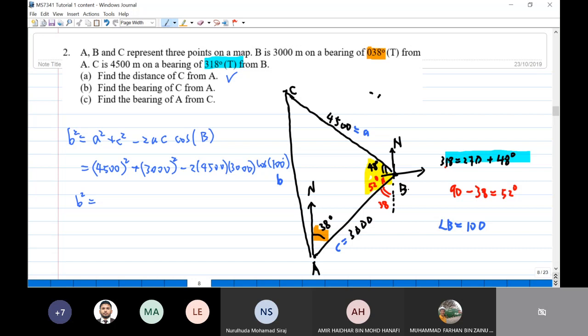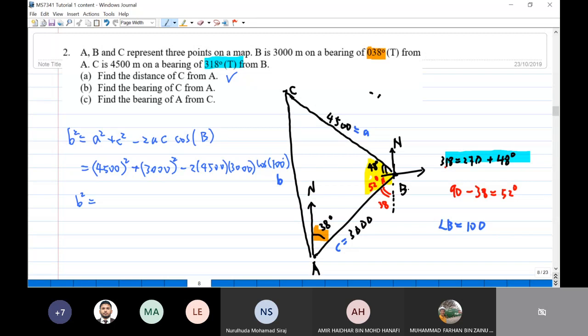So 4500 squared, plus 3000 squared, minus 4500 times 3000 times cosine of 100 degrees.